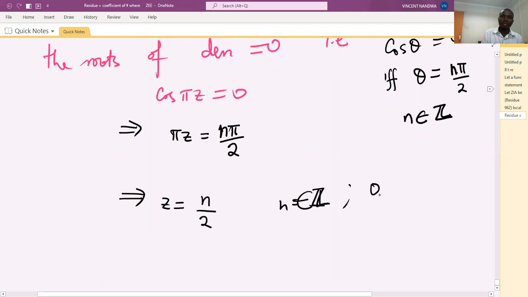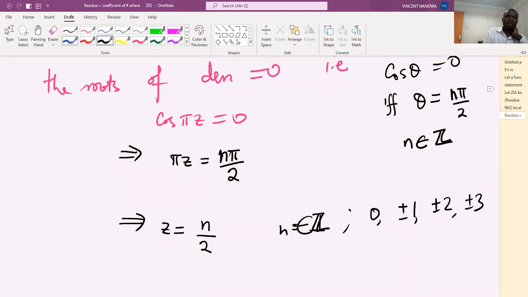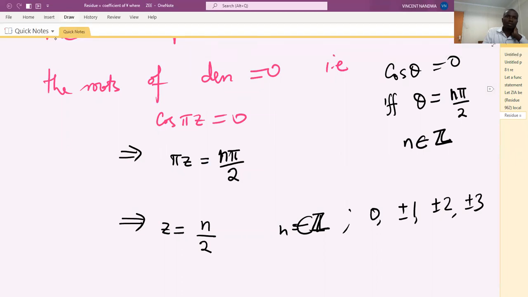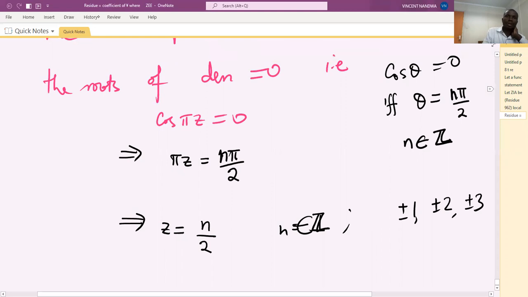So that means it can be 0, plus or minus 1, plus or minus 2, plus or minus 3. So this is an integer excluding 0. So 0 is not part of this set. So I can say n is a member of Z star to mean that I'm removing 0.